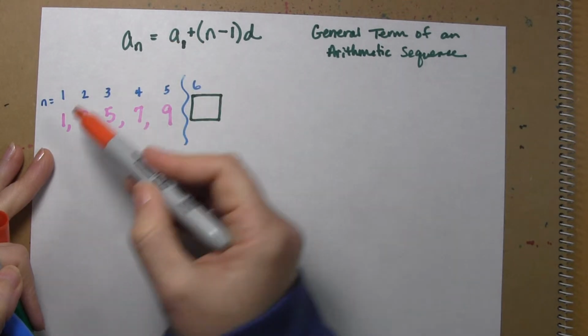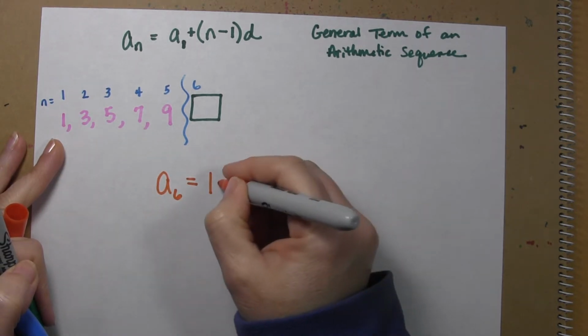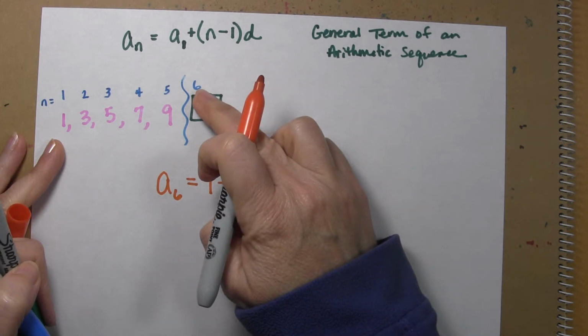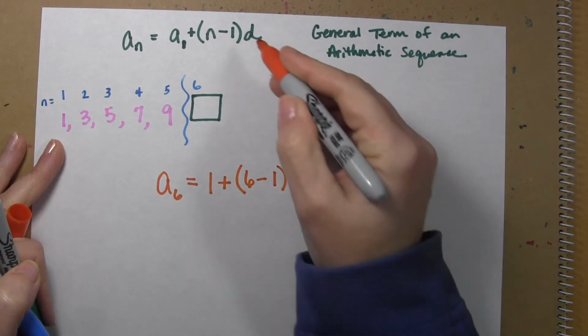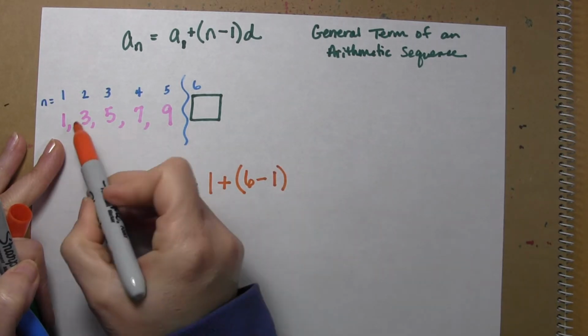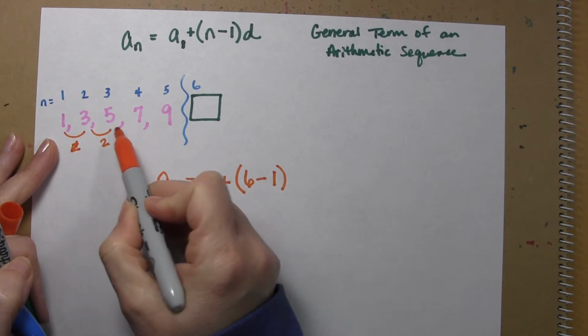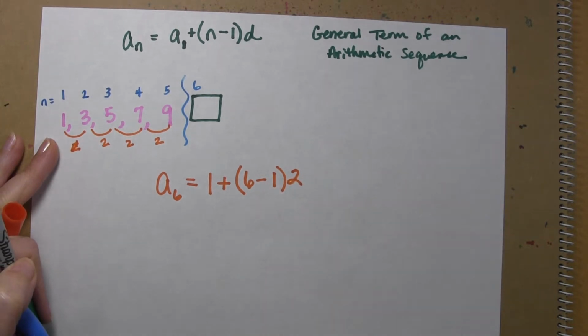equals a sub 1, meaning the first term, which is 1, plus n minus 1, so we're looking for the sixth term, so that would be 6 minus 1, times d, which is the distance between the terms, which is 2, right?